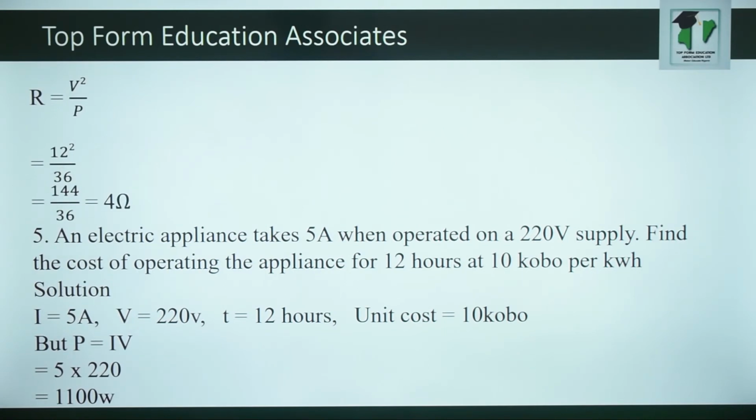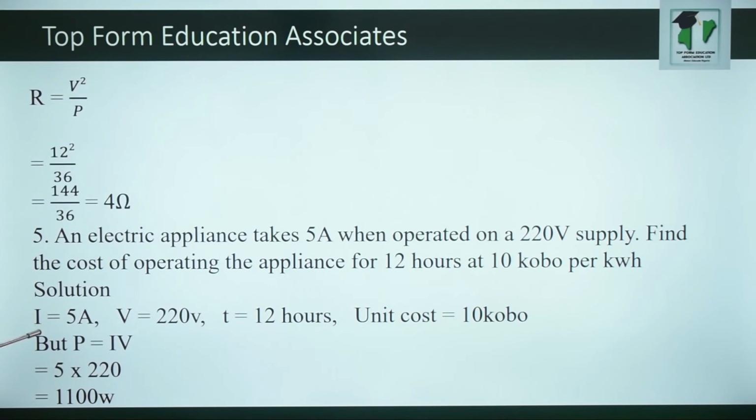Now example 5. An electric appliance takes 5 amperes when operated on a 220 volt supply. Find the cost of operating the appliance for 12 hours at 10 kobo per kilowatt hour. I'm talking about the sales of electric power, electric energy.